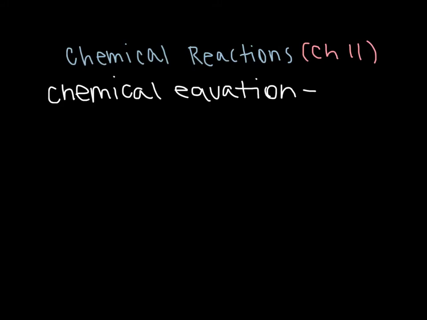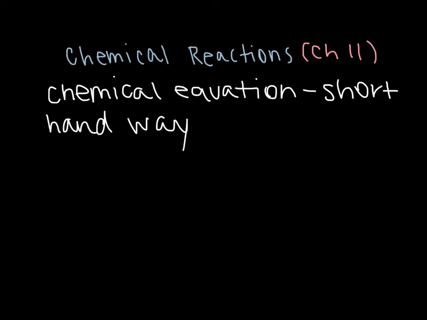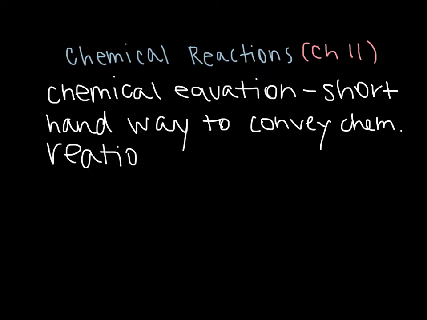A chemical equation is a shorthand way to convey chemical reactions. For example, iron rusting.